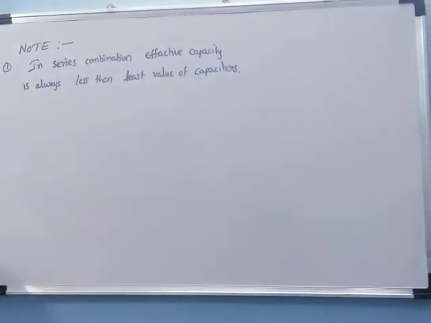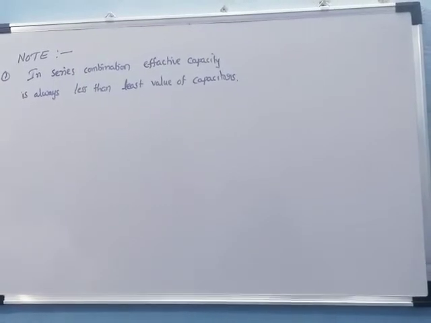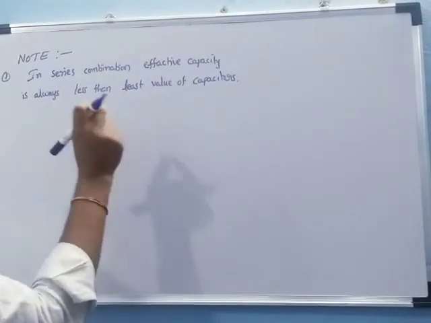What is the first one? In series combination, the effective capacity is always less than the least value of the capacitor.